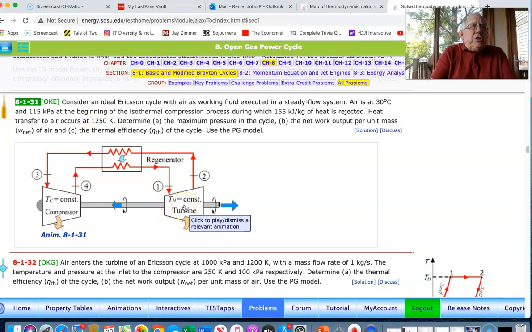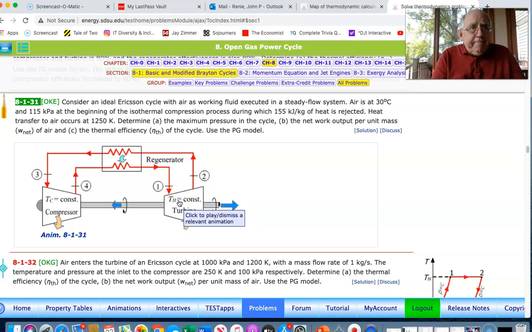That is the temperature added to that expansion process. So our temperature at 1 and 2 is 1250. It is a constant temperature process, and the heat transfer occurring there into the system will be able to be calculated.